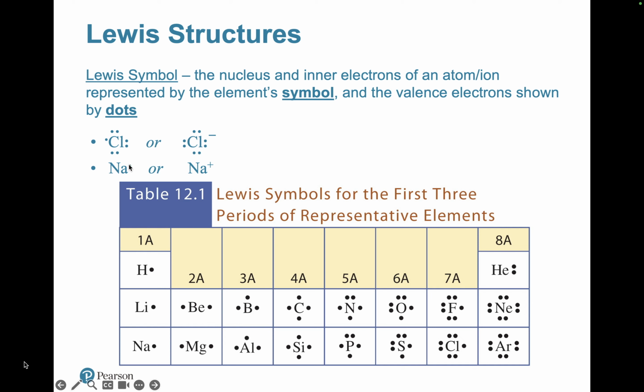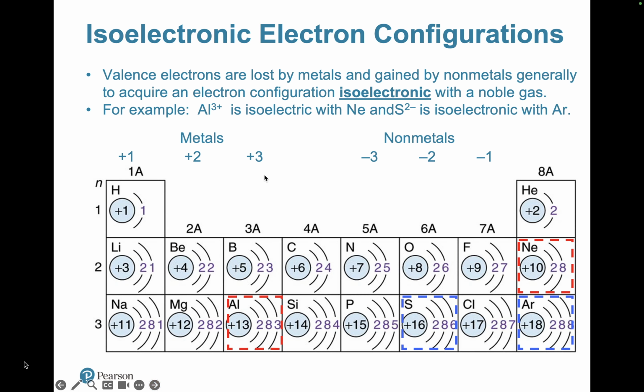It loses this electron and becomes positive, but it has nothing in its outer shell now, right? Because it only has its inner shell that is a full shell, which is 8 electrons now, right? And so it becomes a positive charge because it lost this extra electron on the outside, and now it has 8 electrons in its new outer shell, okay? That's what a Lewis dot structure is, right?